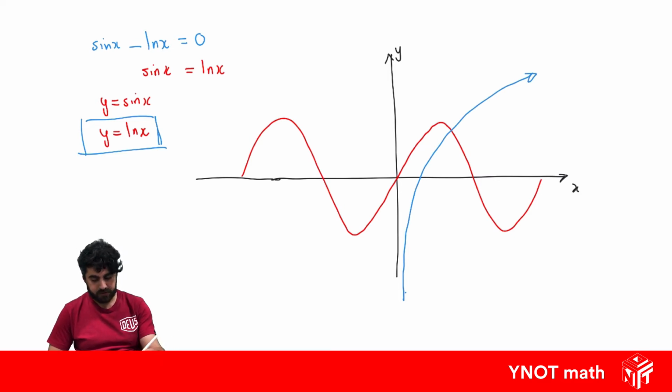And just from the two graphs, we can see that they intersect only in one spot, and that has to be the only solution to the equation, whatever that spot was. If you're doing questions like this, they might only ask how many solutions there would be to this equation. And in this case, there's only one solution.